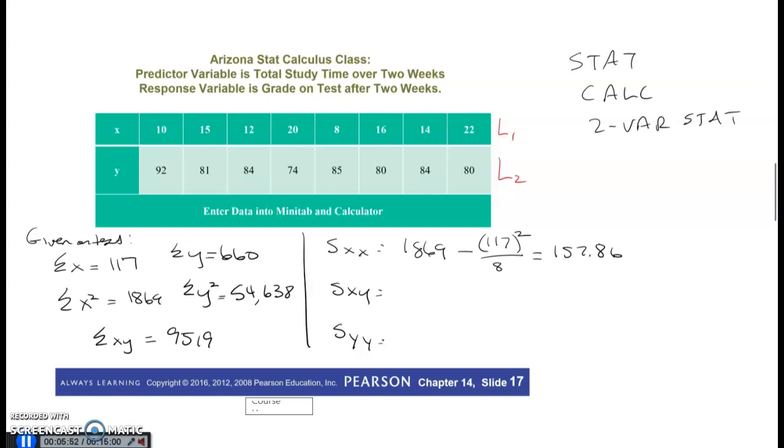For Sxy, you're going to take the summation of xy, which is 9,519, minus summation of x times summation of y, the 660, divided by 8. Please work that out, and Sxy is negative 133.5.